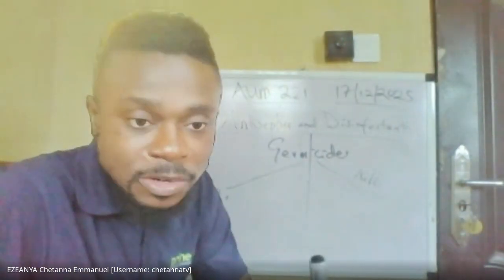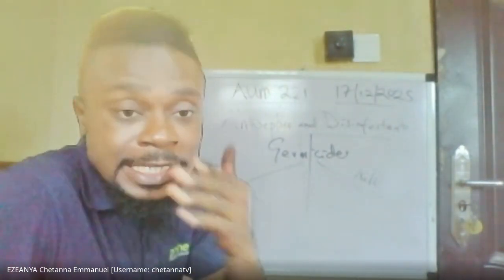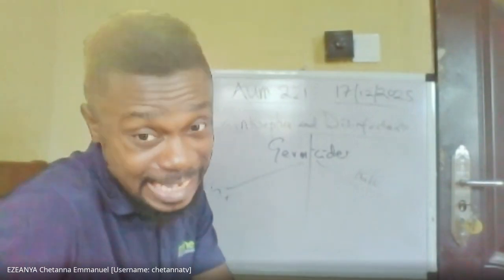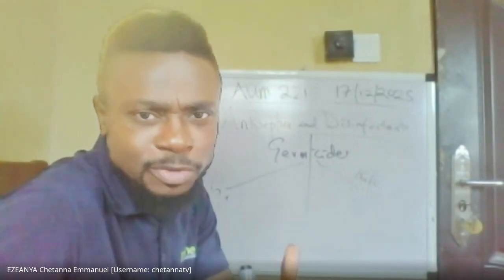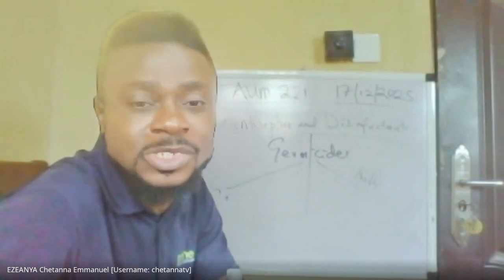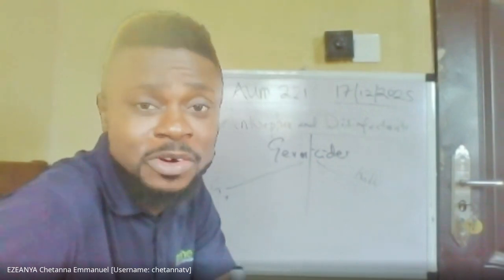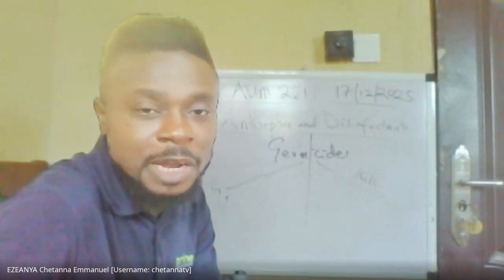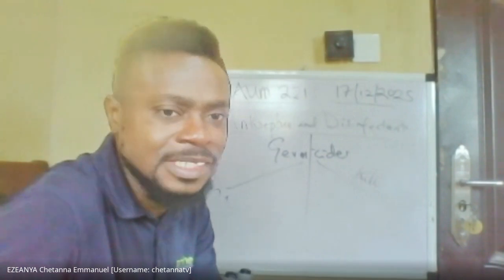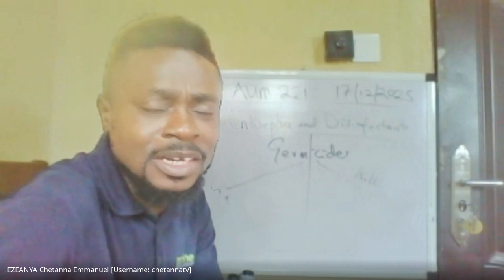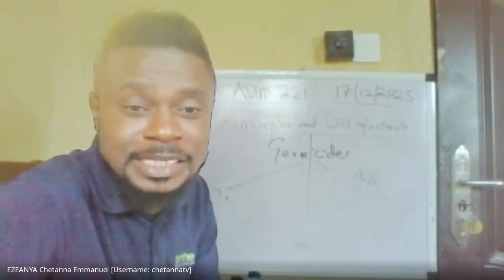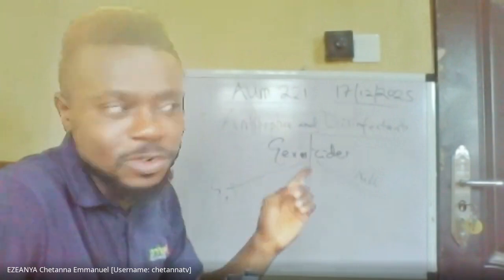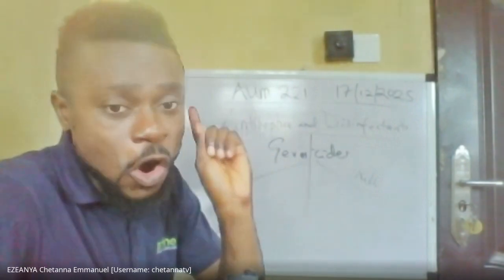The germicides are chemicals that are used to kill, even though some inhibit. So you can broadly say that they are chemicals that are used to kill or inhibit the growth of microorganisms. When we say microorganisms, we are talking about things like bacteria, viruses, fungi, protozoa. But this is on contact, not something you take inside and it goes looking for them in your system. It is based on contact.